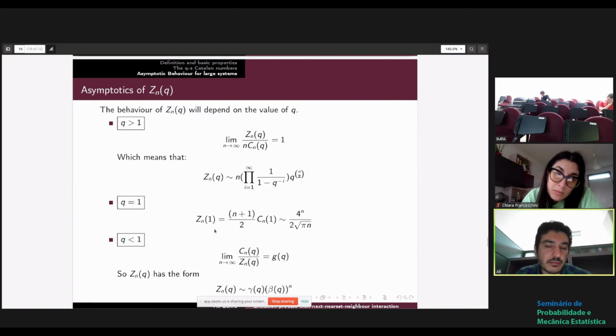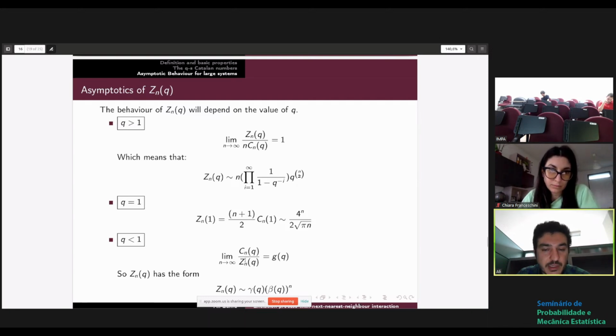For q equals 1, you can compute exactly: Z_n(1) and C_n(1) are related by a simple factor.